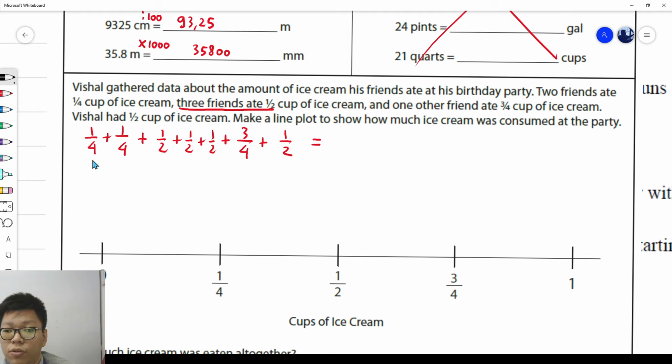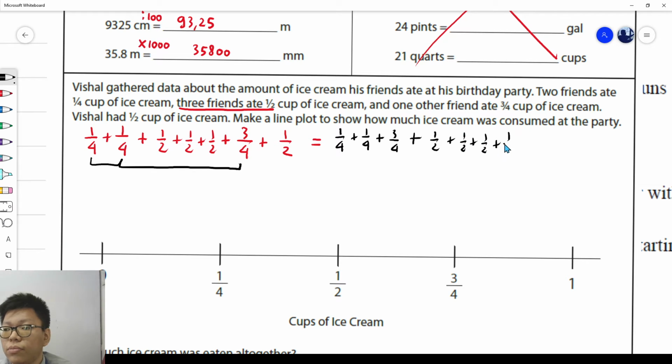You can group it to make it easier, like these three. I will write it down again. 1/4, 1/4, and 3/4, plus I have 4 halves here. Then for this, because the denominator is already the same, you can add it directly.